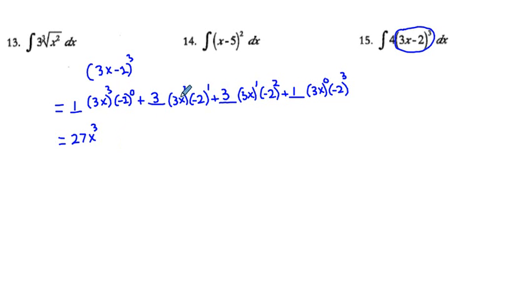And this next term we have is going to be 3 times 3 squared. 3 squared is 9 times 3, that's 27, and 27 times negative 2 is going to be negative 54. So I have minus 54.